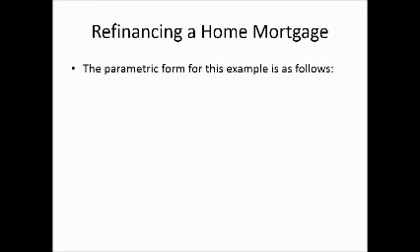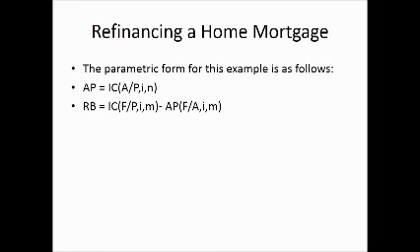The parametric form for this example is as follows. Your original annuity payment is initial cost times the capital recovery factor with original interest rate and original length of the loan. Remaining balance, we have talked about this expression. IC times F over P, I, comma M, minus AP times F over A, I, comma M. M is the period that you have already paid for. In our example, M was 60 payments that you have already paid for.